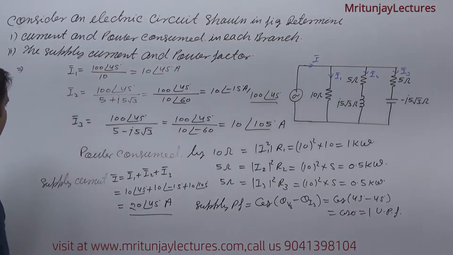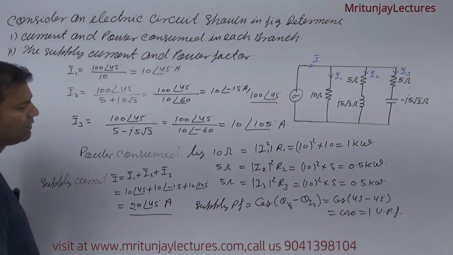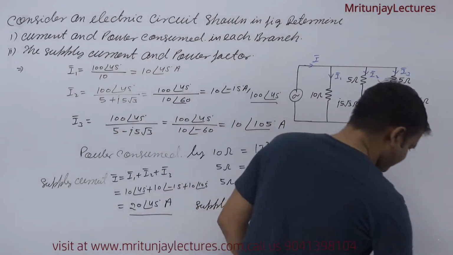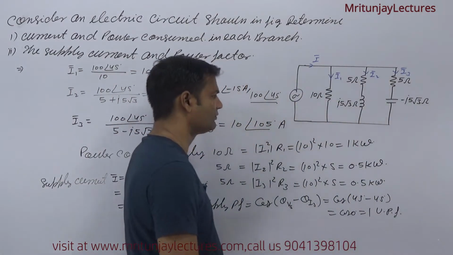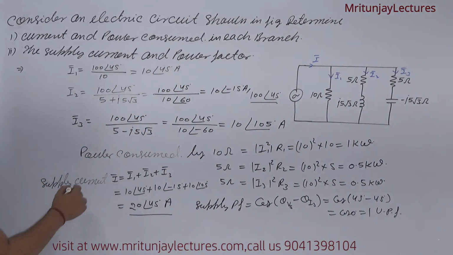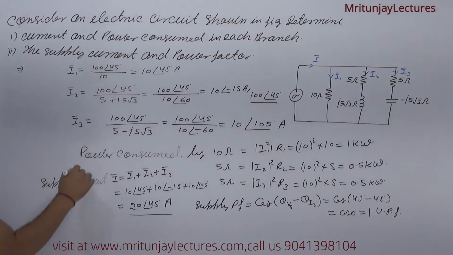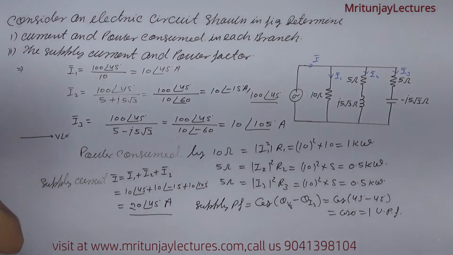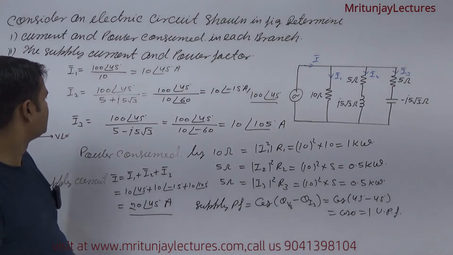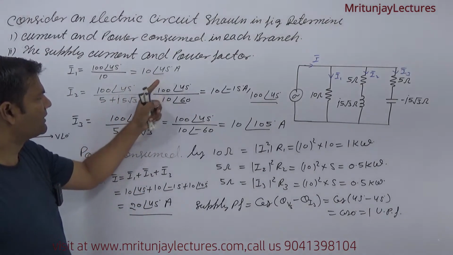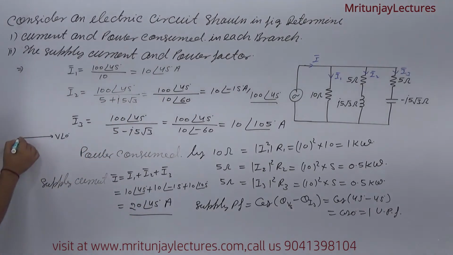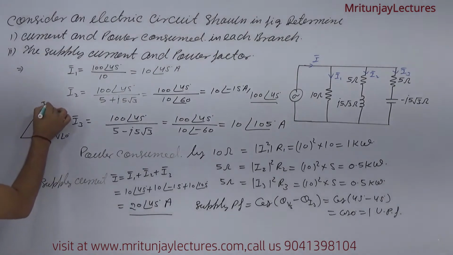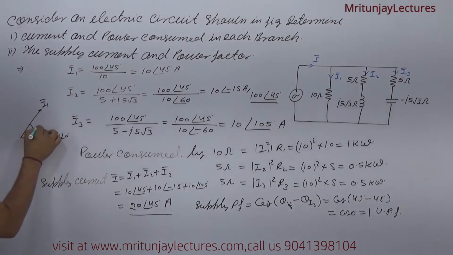If you want to draw the phasor diagram, first of all we'll take the reference voltage, V at the angle 0 here. And what about I1? I1 is 10 at the angle 45, so 10 angle 45 is like this one, that is 45 degree.